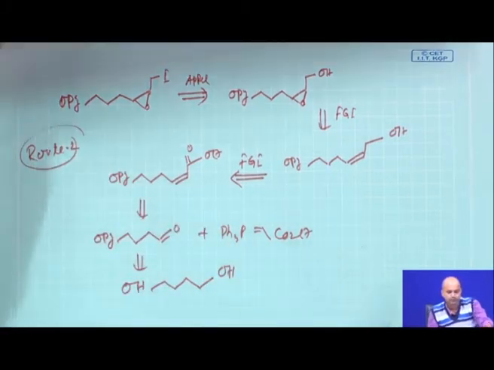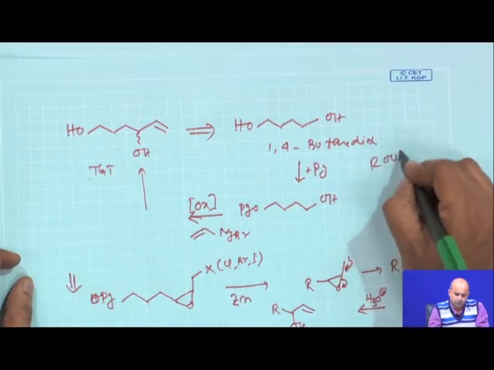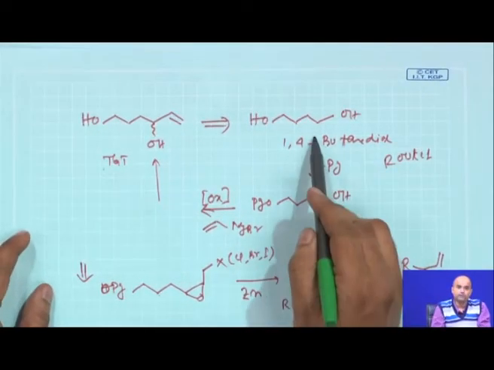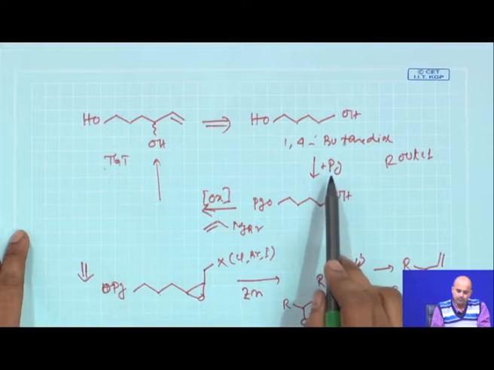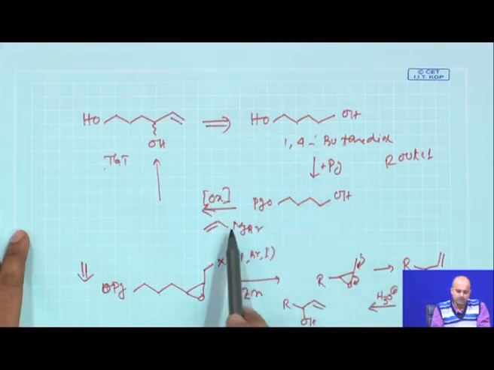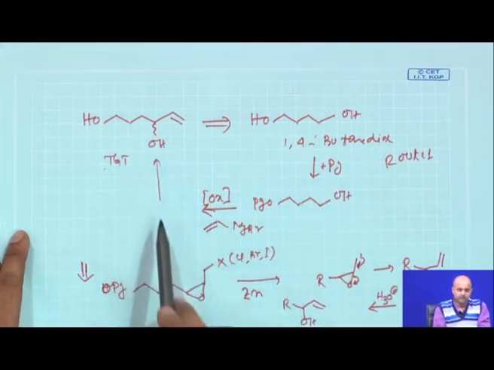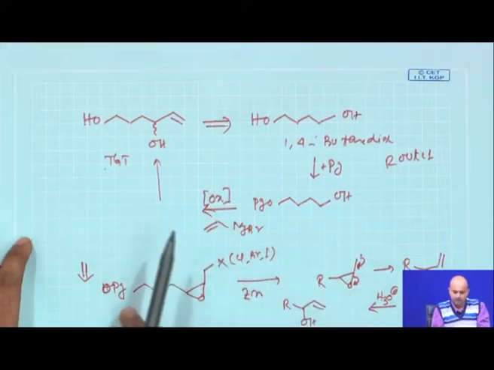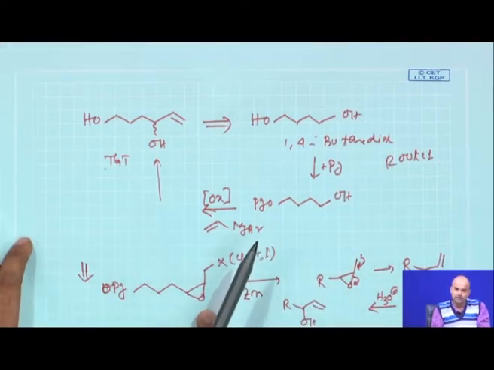Route 1 we say you take the corresponding butane diol, monoprotect, oxidation, vinyl magnesium bromide addition. It is a very simple 4 step route, but the other pathway is also very interesting, though it has a little bit more steps.